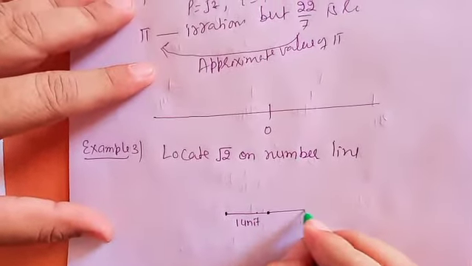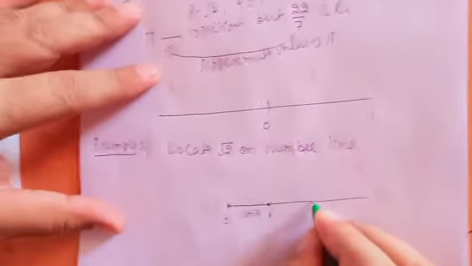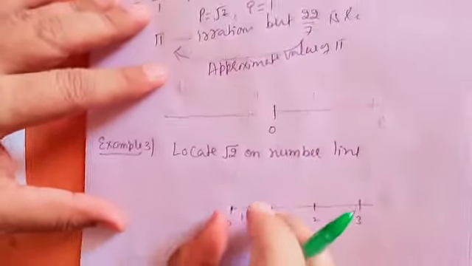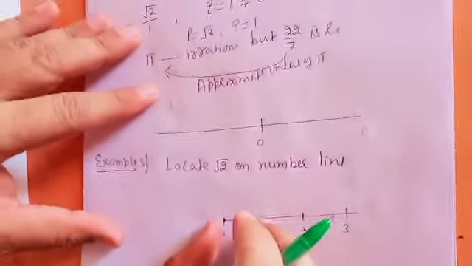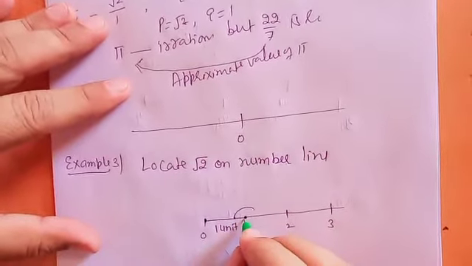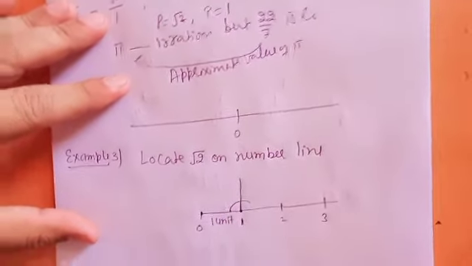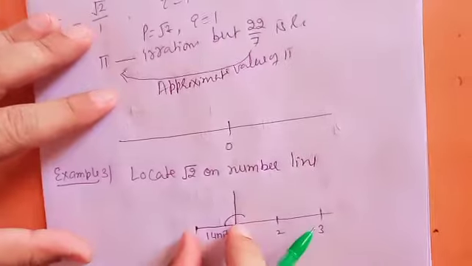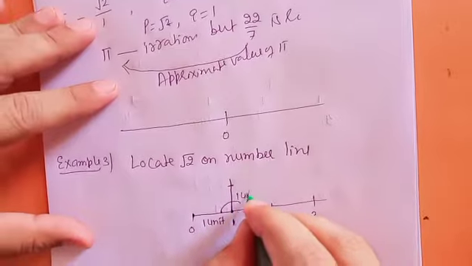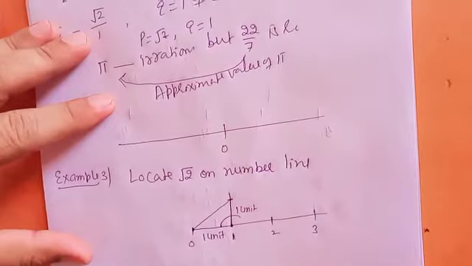This is a number line. 0 is here, here is 1, after this 2, after this 3. So you have taken 1 unit. Then what you can do? Make a 90 degree angle here. You know how to make a 90 degree angle or not? Measure it and cut like this. Cutting here, this is also 1 unit. And join this with the help of a scale.